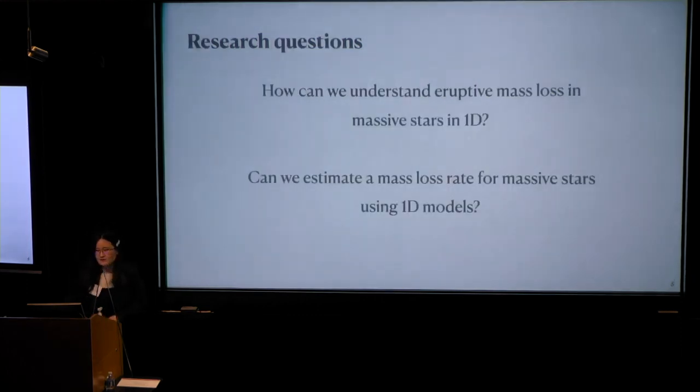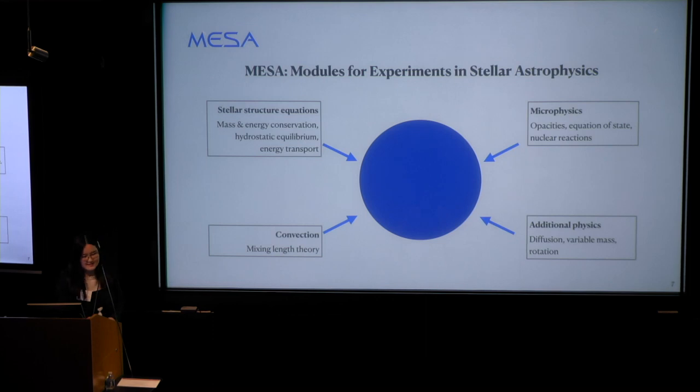Firstly, how can we actually understand eruptive mass loss in massive stars in 1 dimension? And can we estimate a mass loss rate for massive stars using 1-dimensional models, right? The main tool for this is something called MESA, Modules for Experiments in Stellar Astrophysics. This code is very sophisticated.